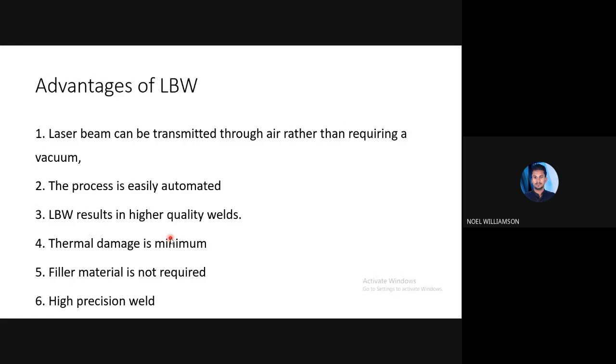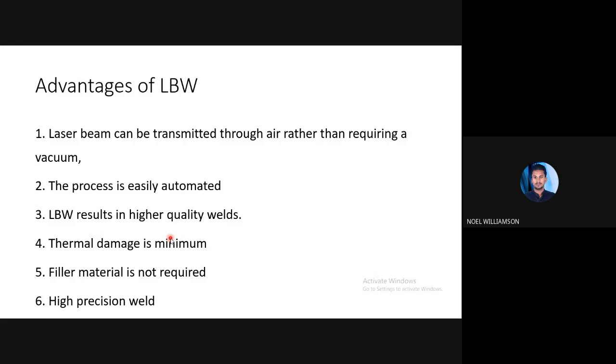At the time of welding, the metal parts get melted, and at the same time the filler material is in molten form and penetrates the space between the two pieces and thereby joins them.